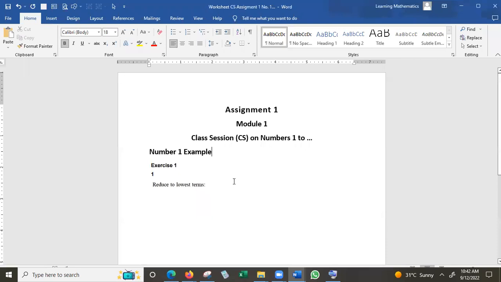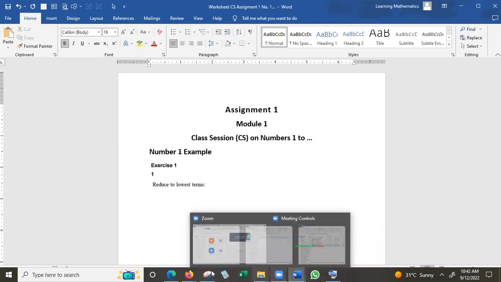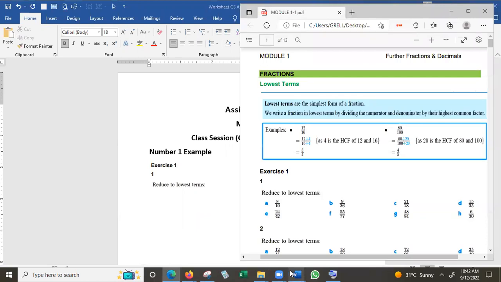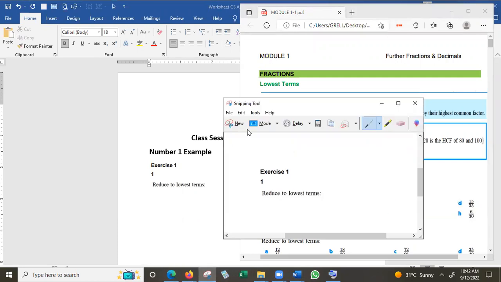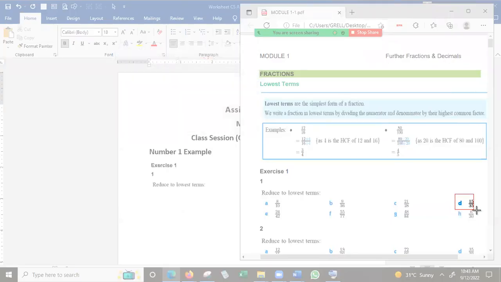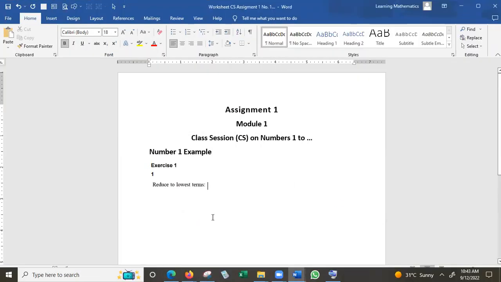Reduce to the lowest terms, and I'm going to choose this one, D. Let's do D. 15/35. Solution.